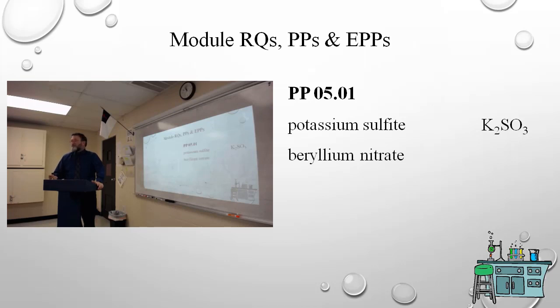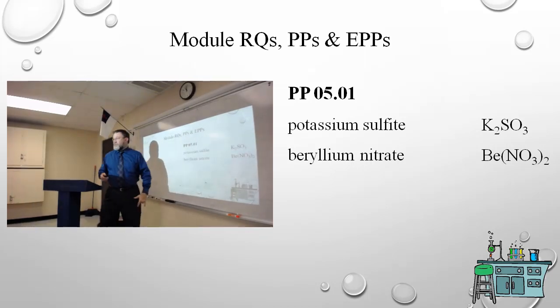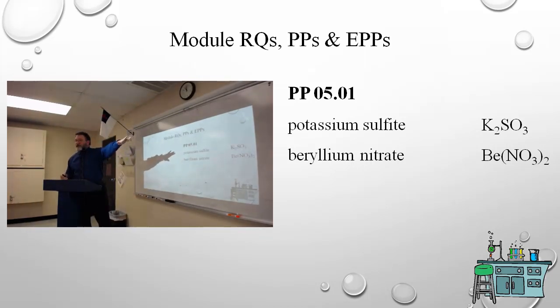Next, beryllium nitrate. Nitrite would be, but nitrate is 3, so. But beryllium nitrate. So you're correct in the beryllium. What's the net charge here of beryllium? What's its charge when it ionizes?